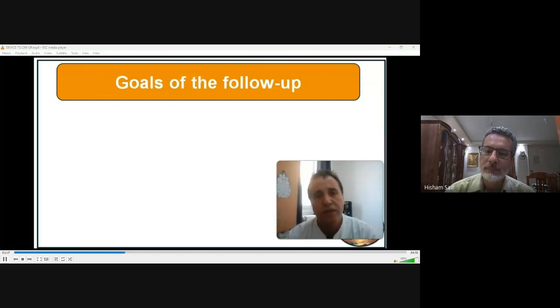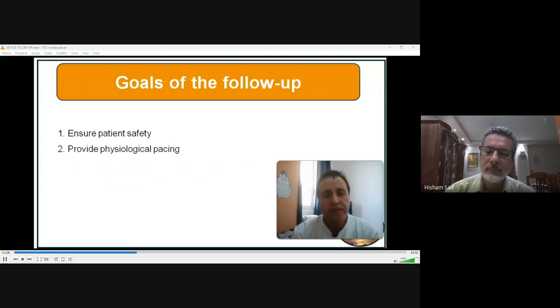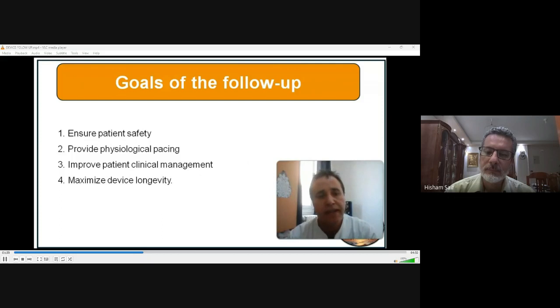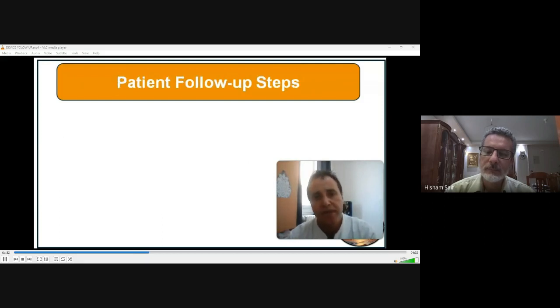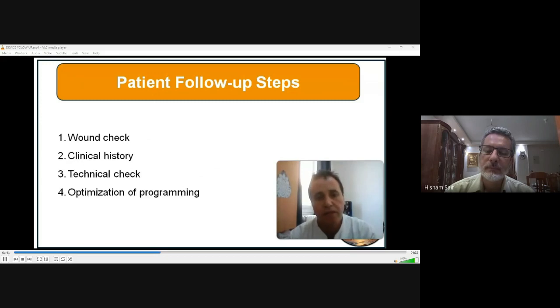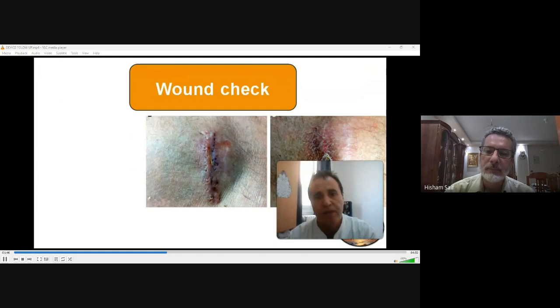The goals of follow-up are to ensure patient safety, to provide physiological pacing, to improve patient clinical management, and to maximize device longevity. In practice, use the following steps: wound check, clinical history, technical check, and optimization of programming.